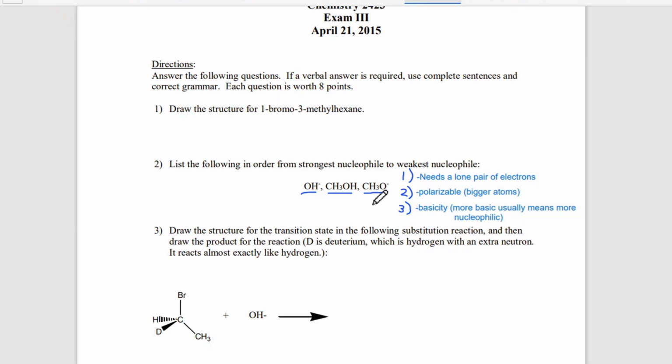Yes. This is the strongest nucleophile, the CH3O-. Deprotonated alcohols are actually stronger bases than hydroxide. So CH3O- is going to be stronger. And what's the next strongest nucleophile? OH minus.